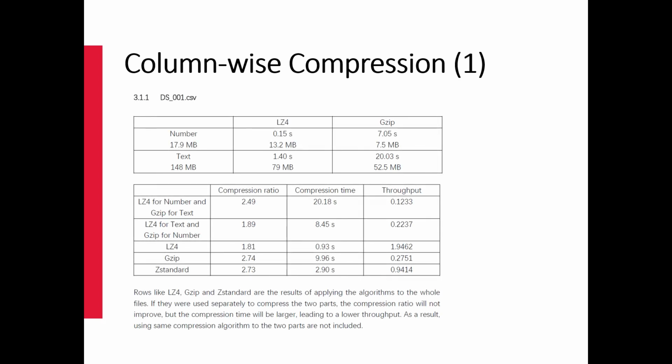We can simply use the throughput as a result to compare. The higher, the better. If we use LZ4 for the text part and gzip for the number part, the throughput is almost the same as gzip, so it's a valuable method.